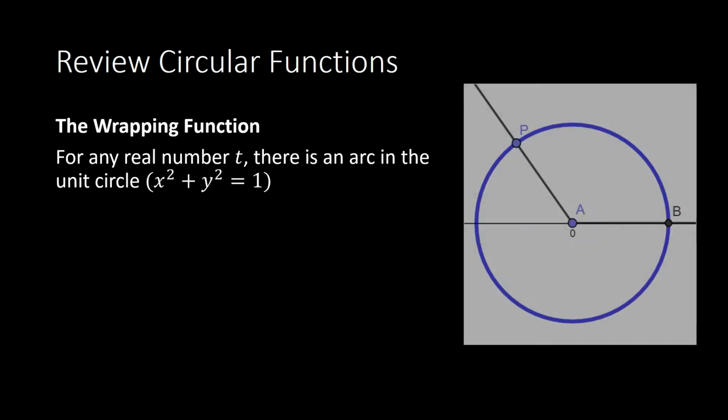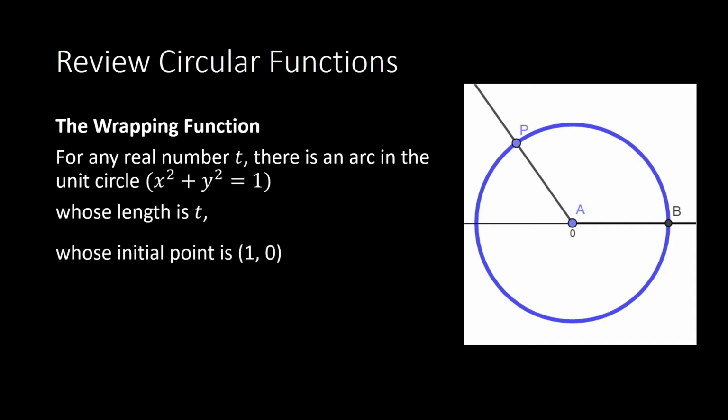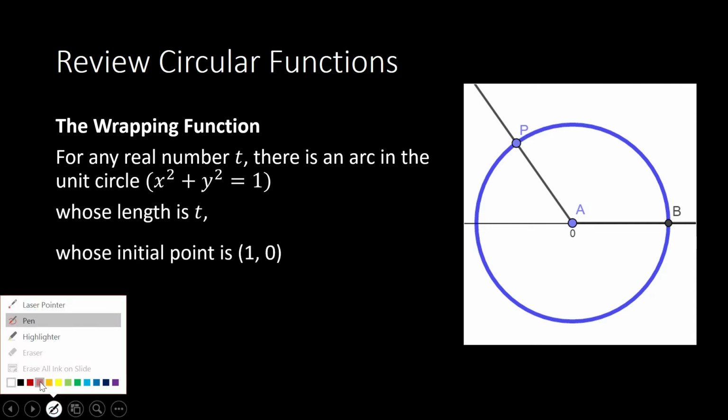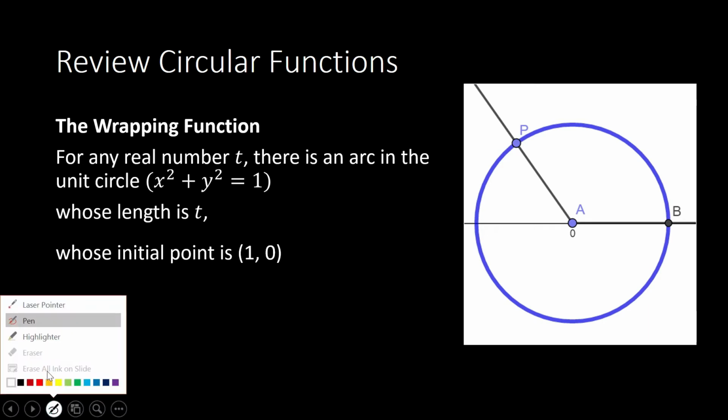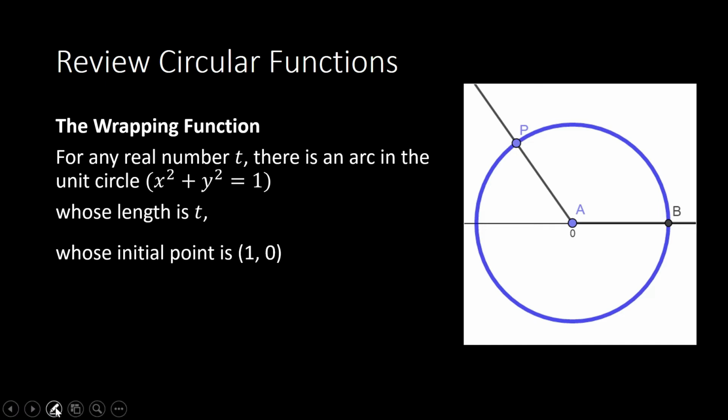And what you can do is wrap that line segment whose length is t around our unit circle. The unit circle is a circle in standard position, and its radius is equal to 1. So we shall wrap our line segment with length t around our unit circle.